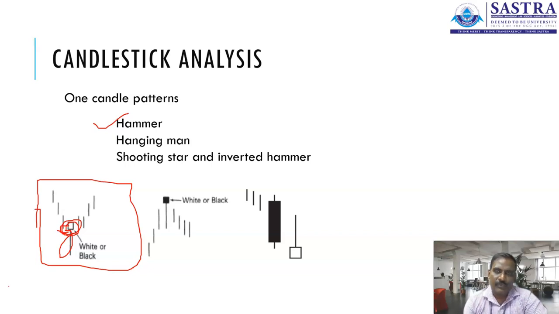The second one is the hanging man pattern, where the historical prices, the previous prices of a stock, increase and later decrease in the market. The hanging man has a long shadow, and a small loss is observed.